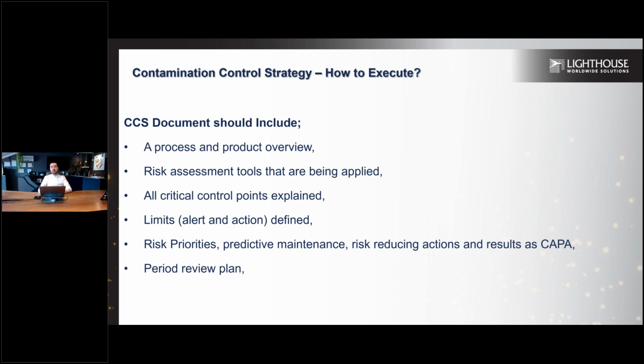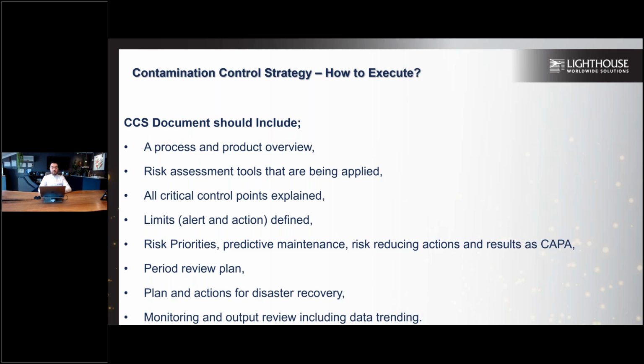We need to review our plan periodically. This could change between different pharmaceutical facilities, but in general, at least on a yearly basis, you have to revisit your requirements in terms of reviewing your plan and contamination control strategy document. And you need to plan an action for disaster recovery.